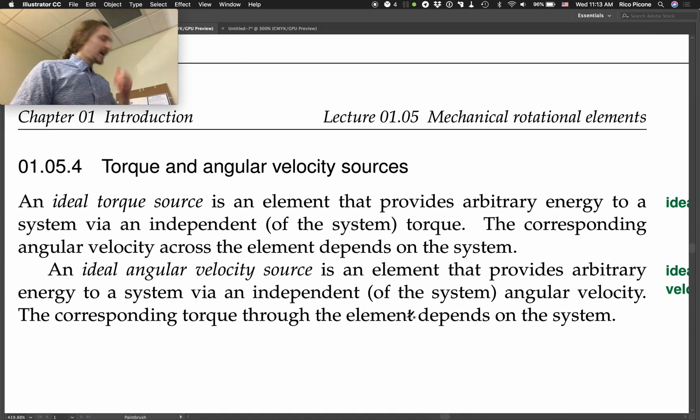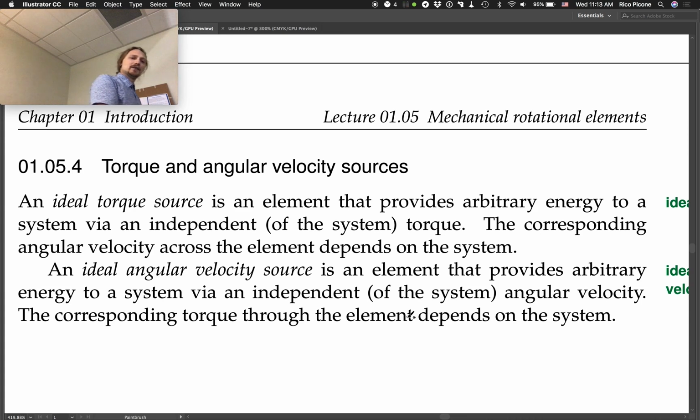Now we've got to get energy into the system, and we do that through torque and angular velocity sources. An ideal torque source is an element that provides arbitrary energy to a system via an independent torque. The torque is set independently of the system, and the corresponding angular velocity across the element depends on the system. We drew the analogy between torque and current, so this is kind of like a current source.